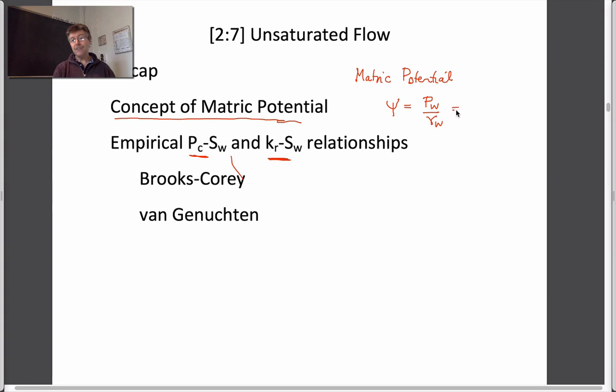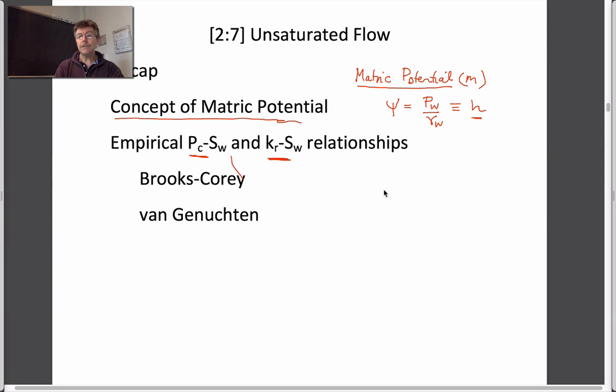And this is kind of like our head, except that it's negative. It's in the tension zone. And so matrix potential is defined by this. It's in units of length, meters. And so that's one thing that we maybe should be aware of.